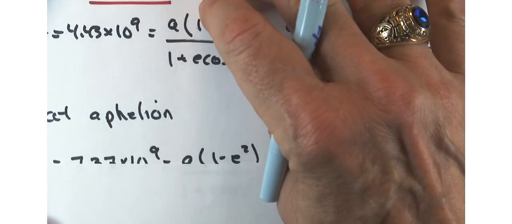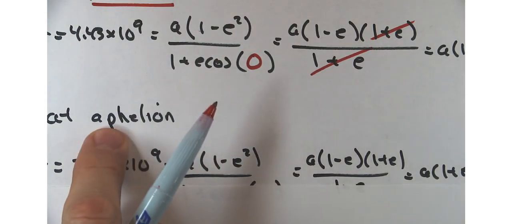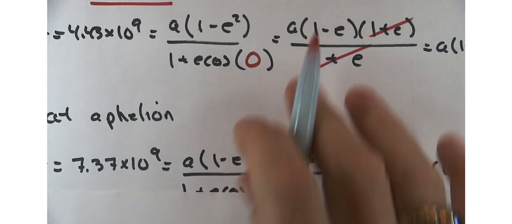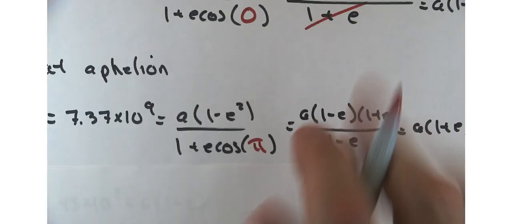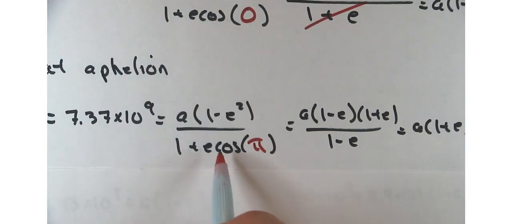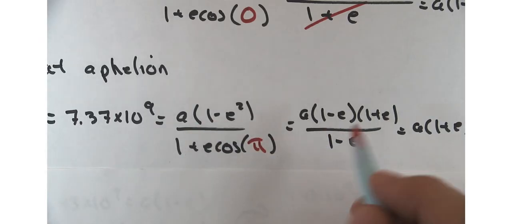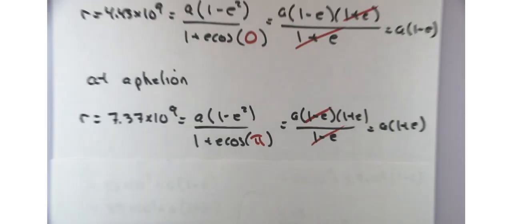The aphelion is the opposite. This is when it's as far from the sun as possible. That's going to happen when this is a pi. If that's a pi, then E times cosine of pi is going to be negative E, 1 minus E. Factor this again, some similar cancellation, and we've got two equations here that are worth noting.